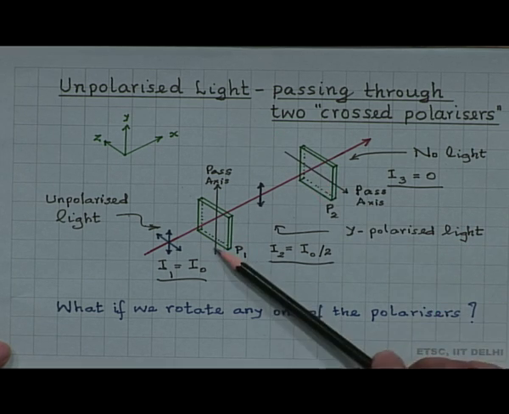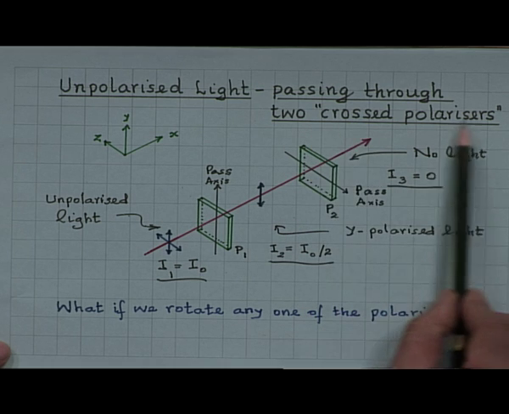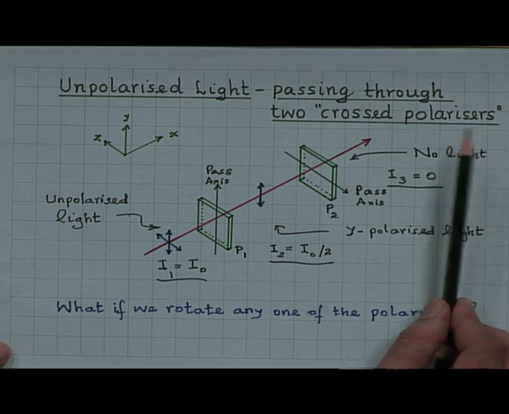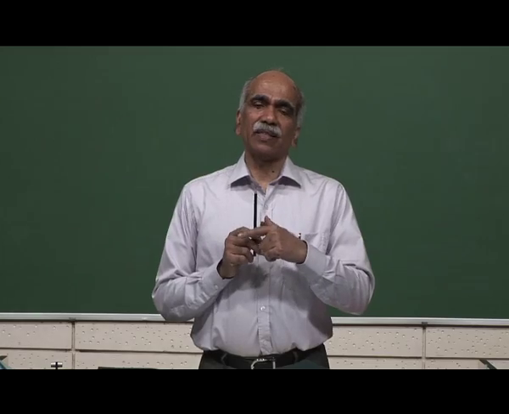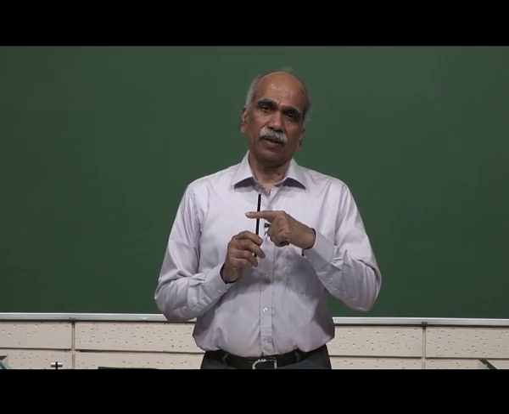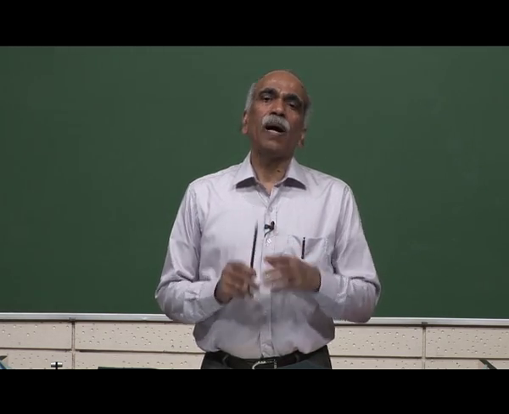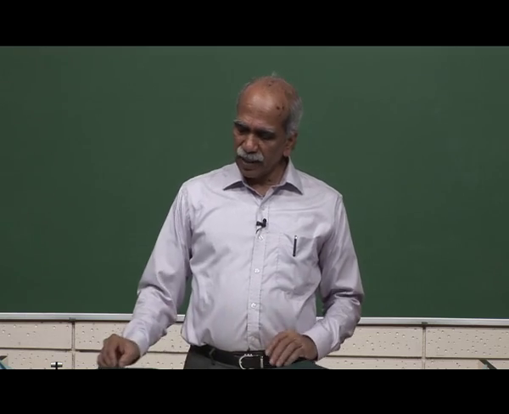Therefore, such an arrangement is called crossed polarizers. Crossed polarizer means the path axes are perpendicular to each other.